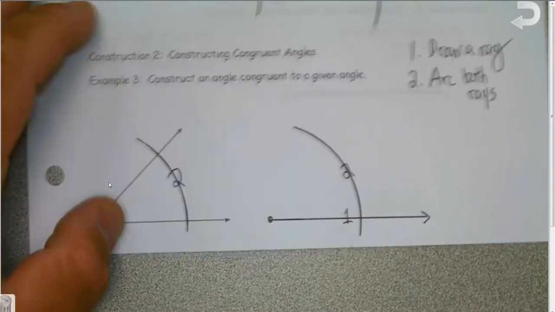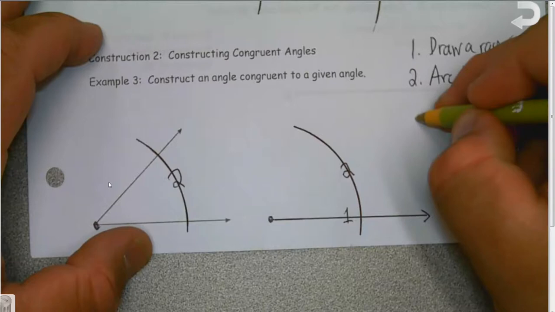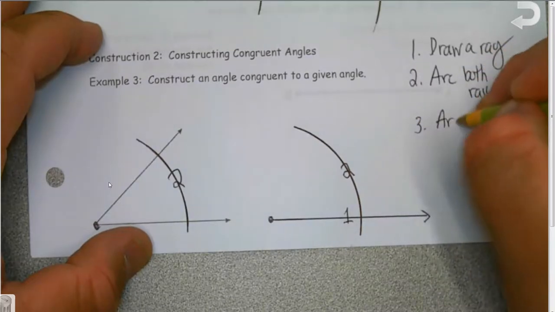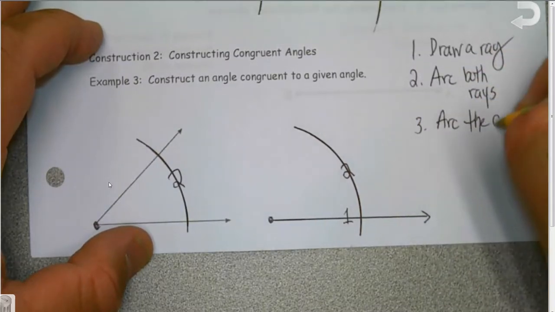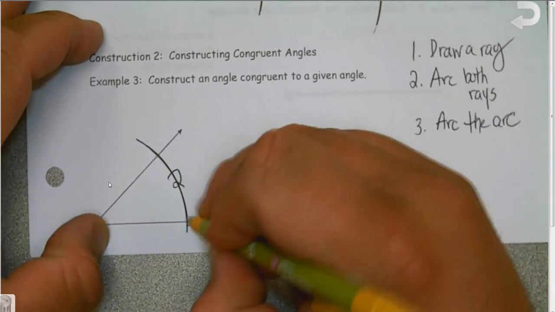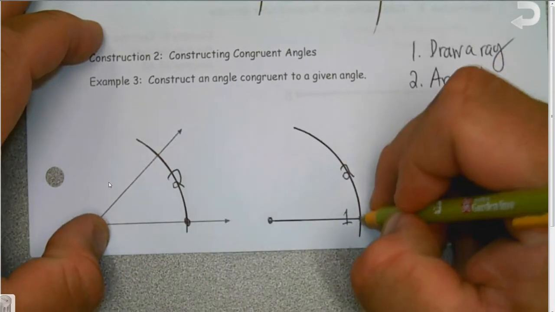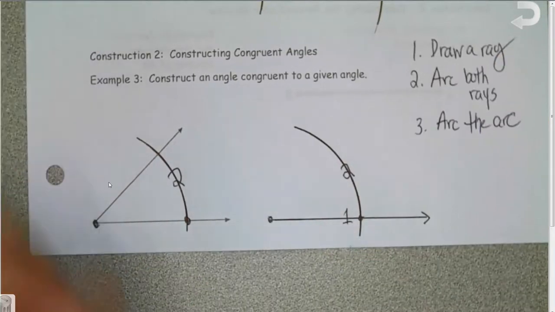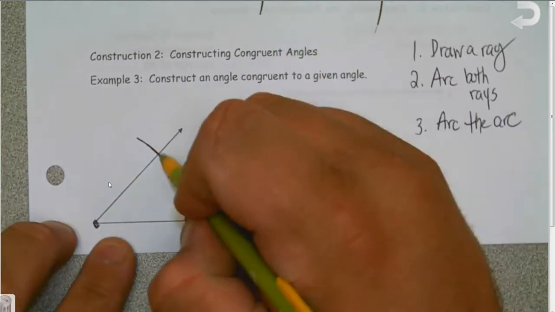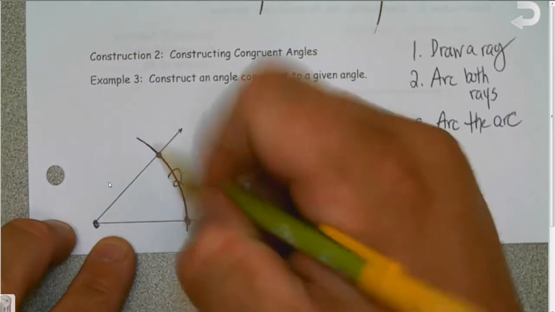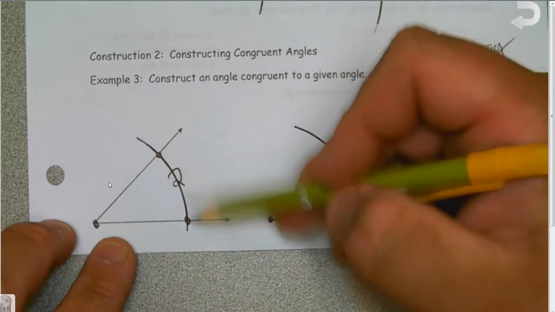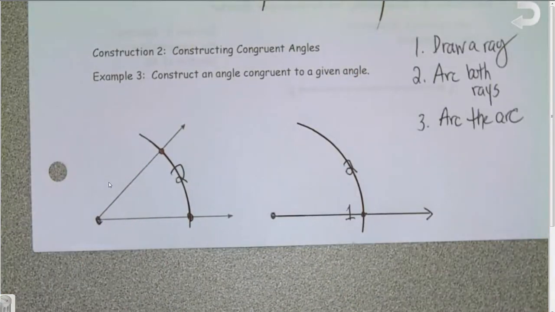The third thing is the most complicated. We're going to arc the arc. So if I have my compass here and my compass here, I want to measure the space between these 2 points, because this is going to tell me how big my angle is supposed to be.